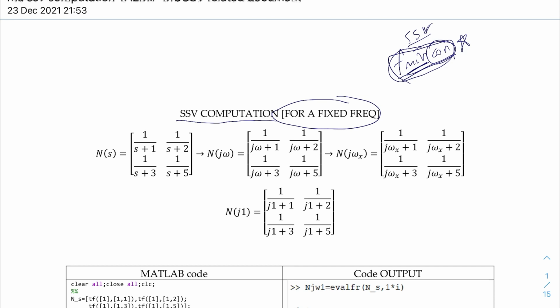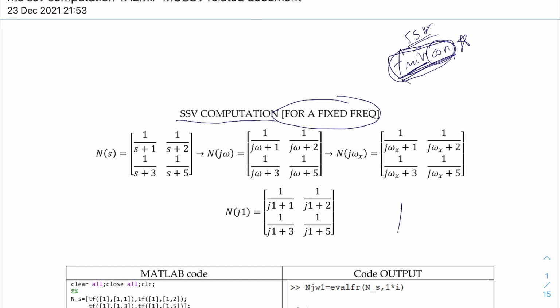In the previous video, we computed SSV, structured singular value, for a given n by n complex matrix. We did that with fmincon just to understand the problem better.